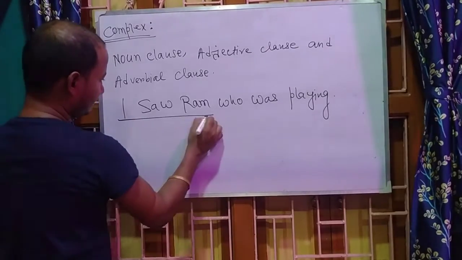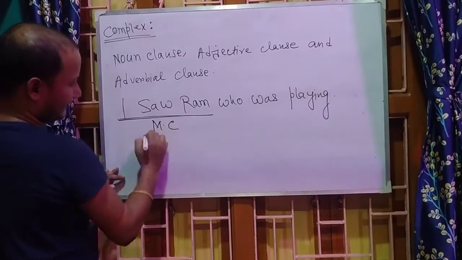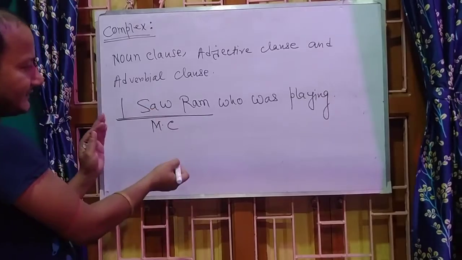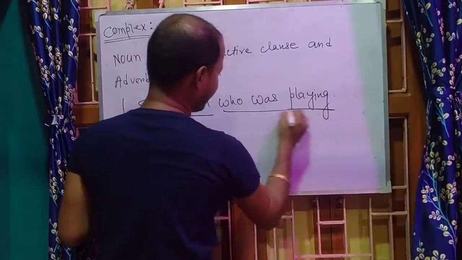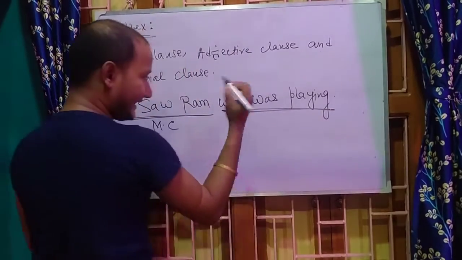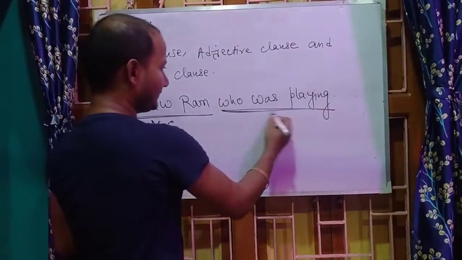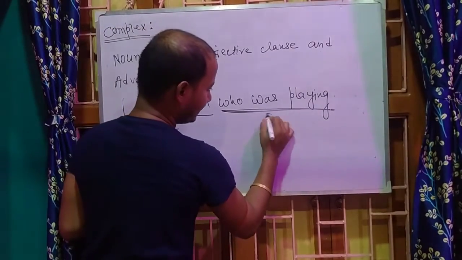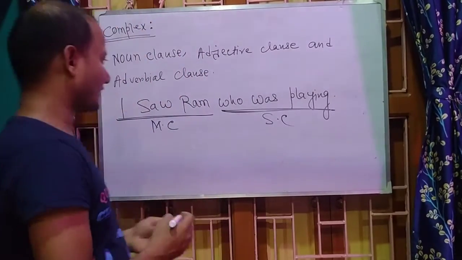I saw Ram. This is the main clause, MC, because this part can express its meaning. But who was playing? It cannot express the proper sense of the sentence, so this is called the sub clause.